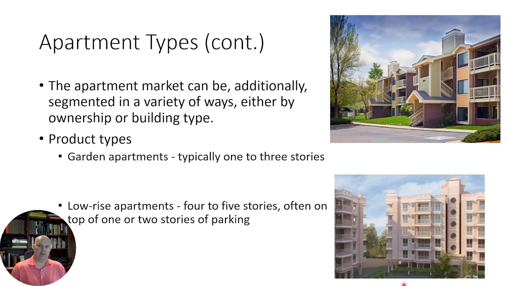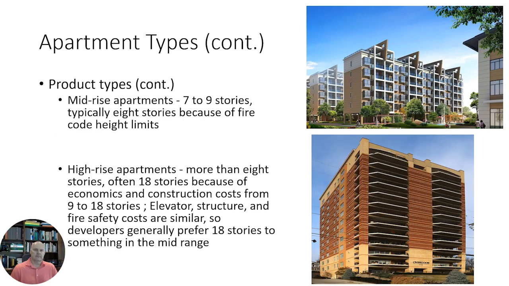The next type of apartment is a low-rise apartment, and they're typically no more than 4 to 5 stories. They often have about 2 stories of parking underneath. So let's continue on with our apartment styles. This right here in the top right-hand corner is a picture of a mid-rise apartment.